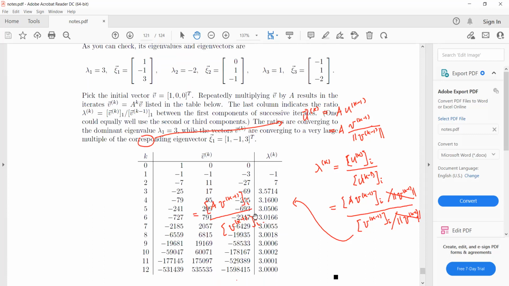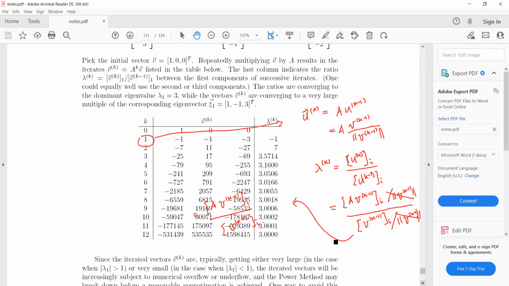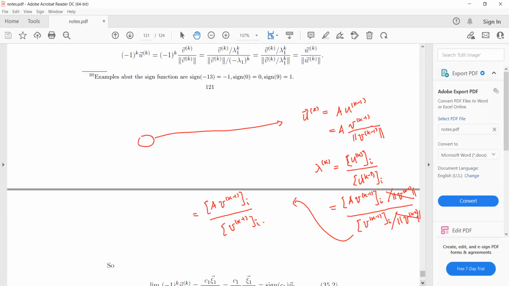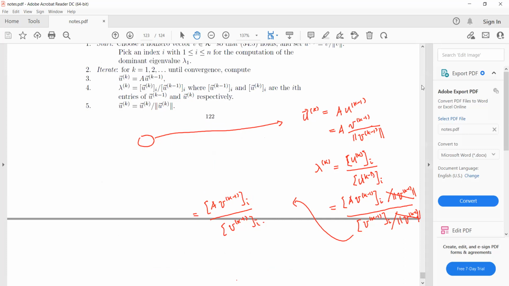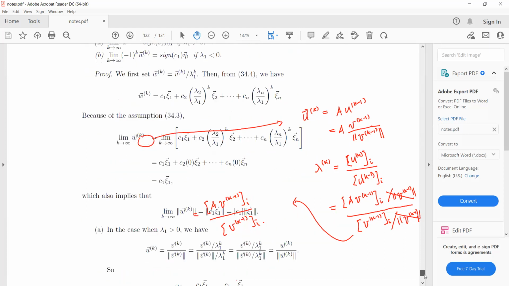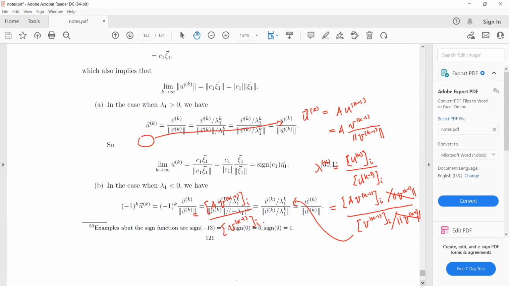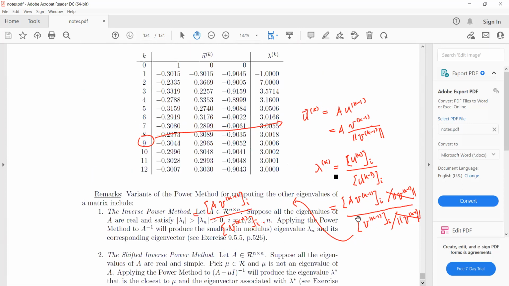This lambda is equal to A times V over V. So the third column of this table should be identical to the numbers in the third column of the other table, which is about the improved power method.